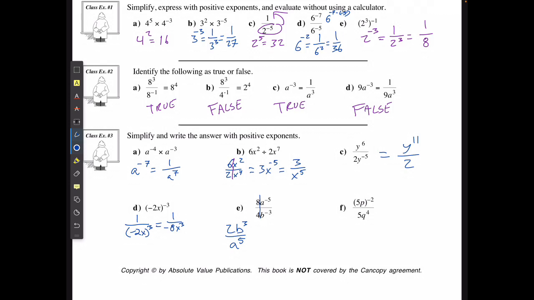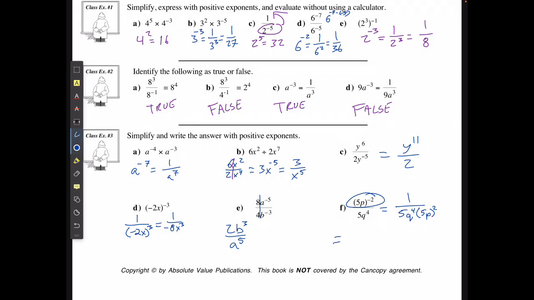For example F, I'm going to make this whole power positive by moving all of this down to the denominator. So if I've moved everything out of the numerator, I have 1 over 5q to the 4 and bracket 5p squared.